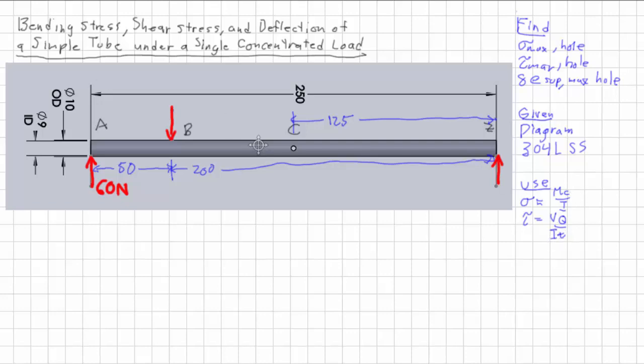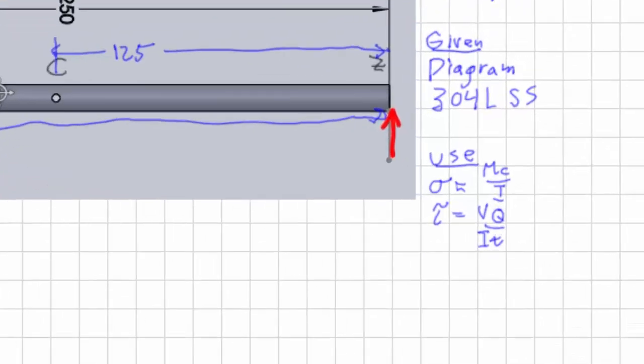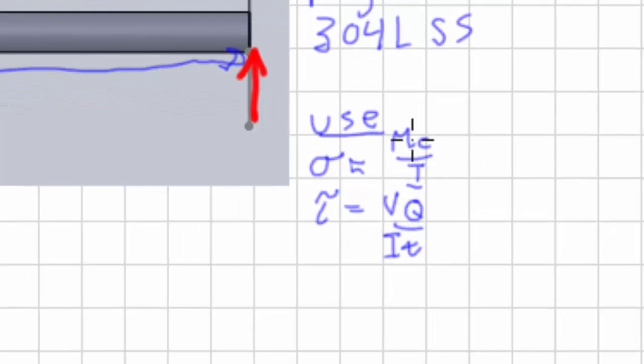Now in order to find these, notice that each one of these has a load. The M and the V both come from loading. C and I come from the geometry of the cross section, and same thing with Q and It.